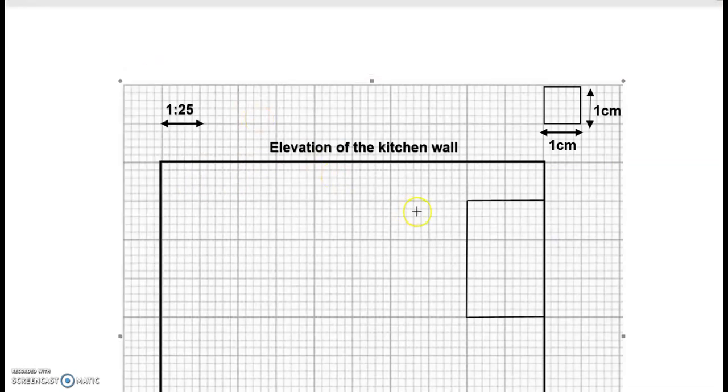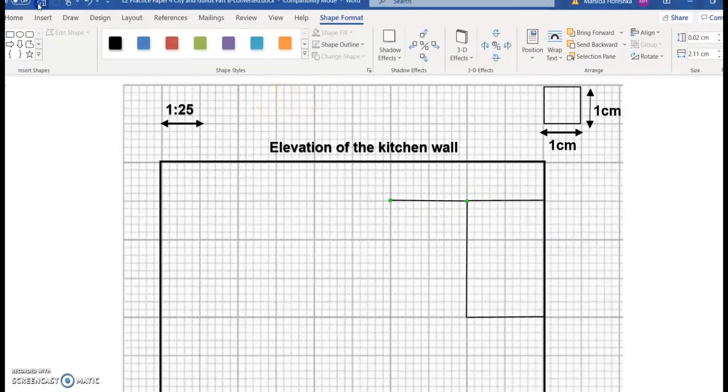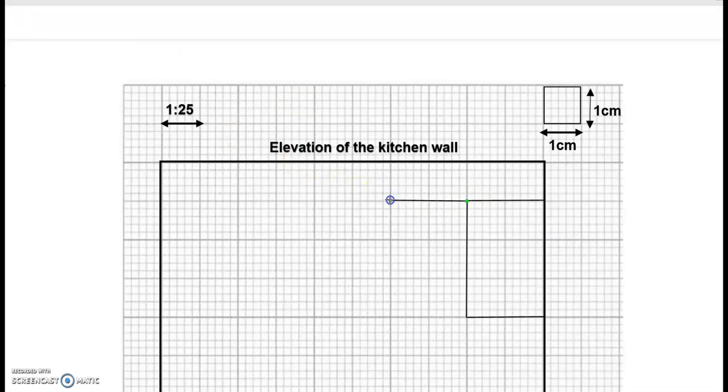Then we have one of the shorter cupboards, according to the plan that we saw. We've got actually 3 of them in a row, including the other tall cupboard.